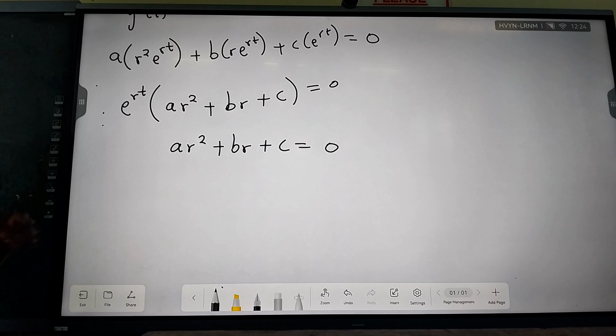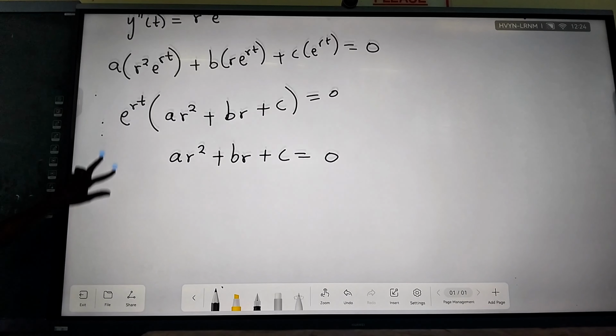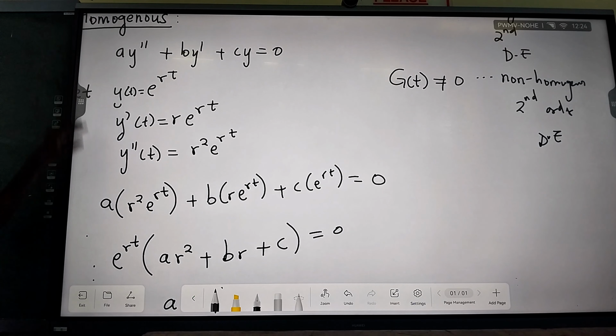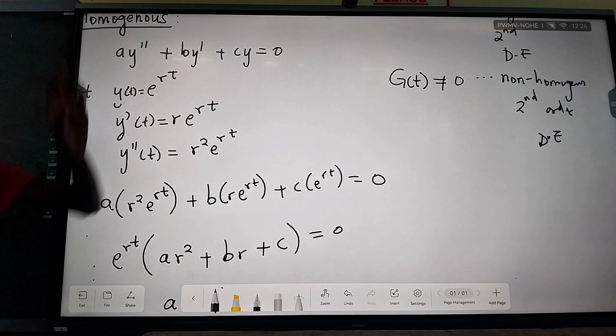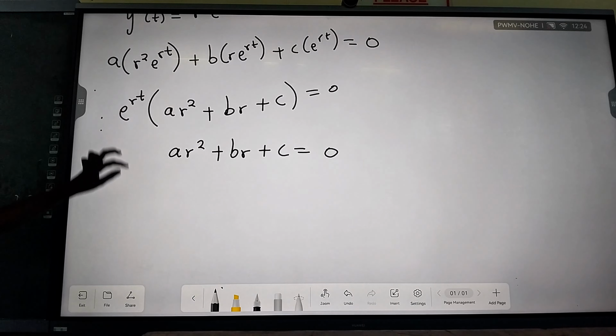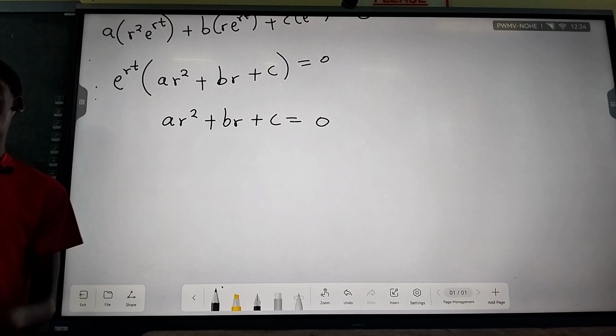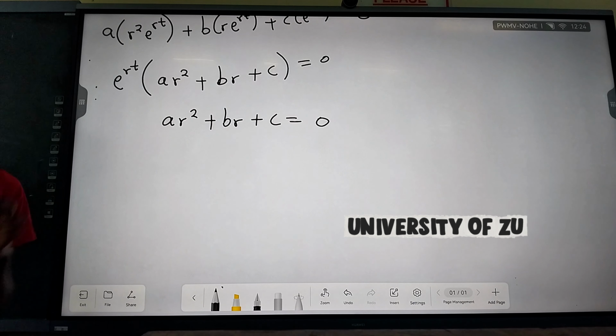I want to show you properly: when you are given a second order differential equation in this form, having constants A, B, and C, what do you do? You write it in the form of a quadratic equation, which we call a characteristic equation.